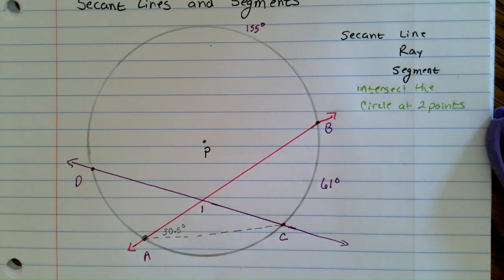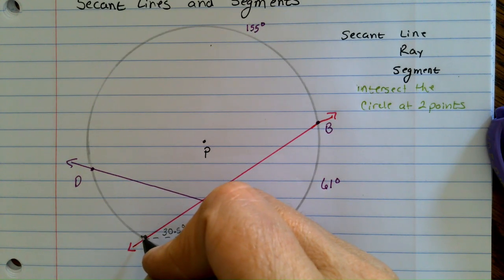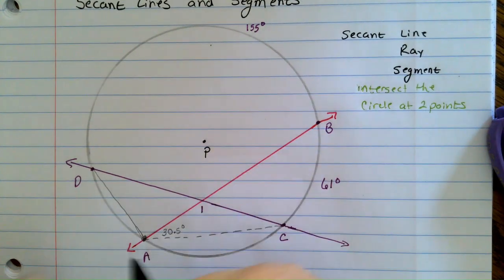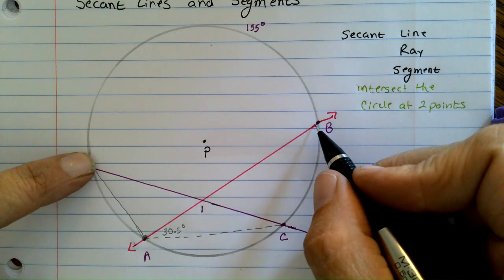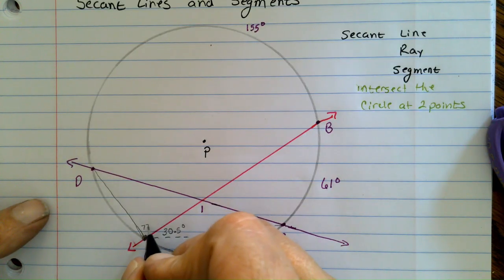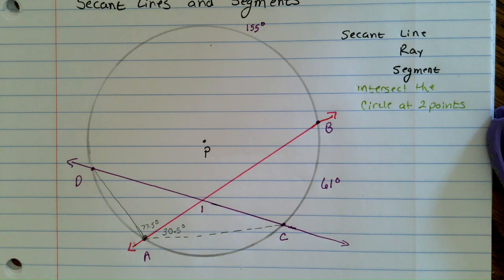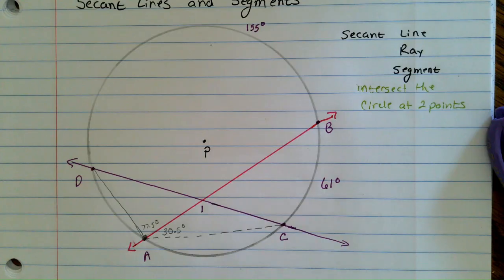Okay, we can also do that over here. Draw this inscribed angle, A, 155 degrees, right? So if I cut that in half, I get 77.5 degrees. And I could do this angle as well. So anytime we have these, we can look at our different angles created.